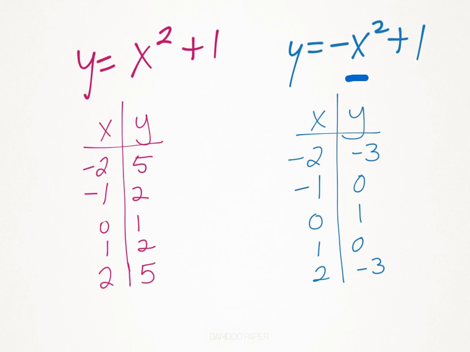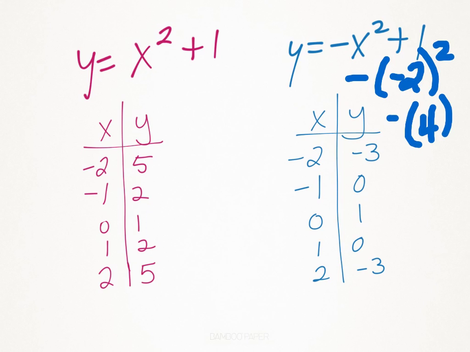We square that, it becomes a 4, but there's that negative sign out in front, so that becomes a negative 4. So order of operations, exponents first, and then we multiply. So that's why that's a negative 4. We add 1, and that's going to give us negative 3. And that's the justification for these solutions here.